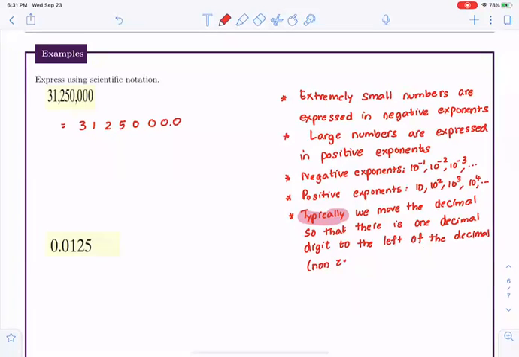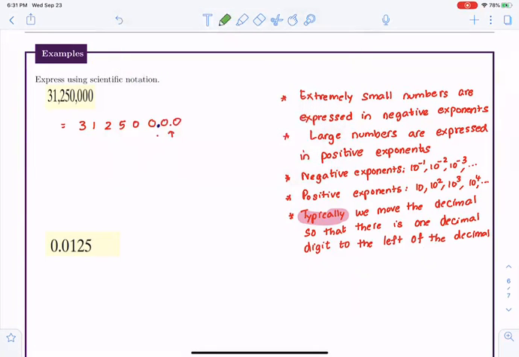Just do one digit to the left. So if I put the decimal there, I have 1, 2, 3, 4, 5, 6, 7 digits on the left and 1 to the right. So if I move that decimal over here, then I have 2 on the right and 5 on the left.